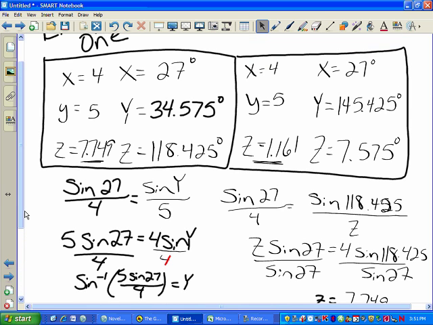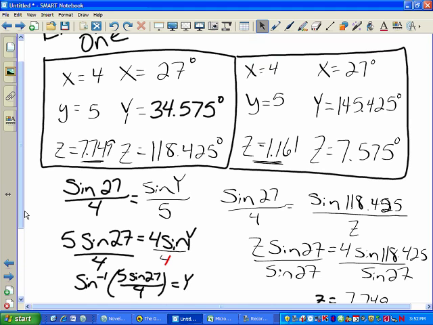Okay? Let's look at number 1. Everybody decide in their head whether you think there's 1 or 2 triangles. Look at B. The side across from B is, I think, 3. Why? Because look at the side across from the given angle. The given angle is B, so the side across from it is 3.